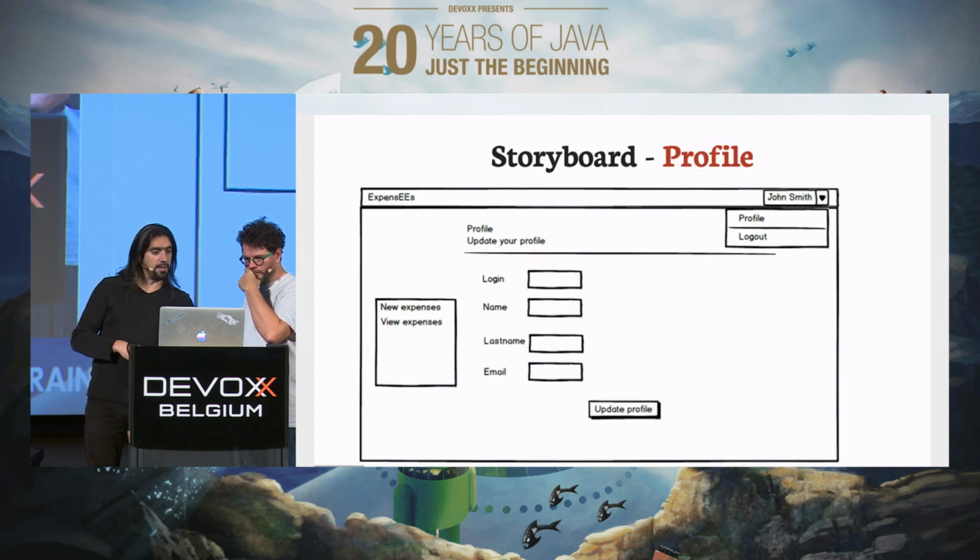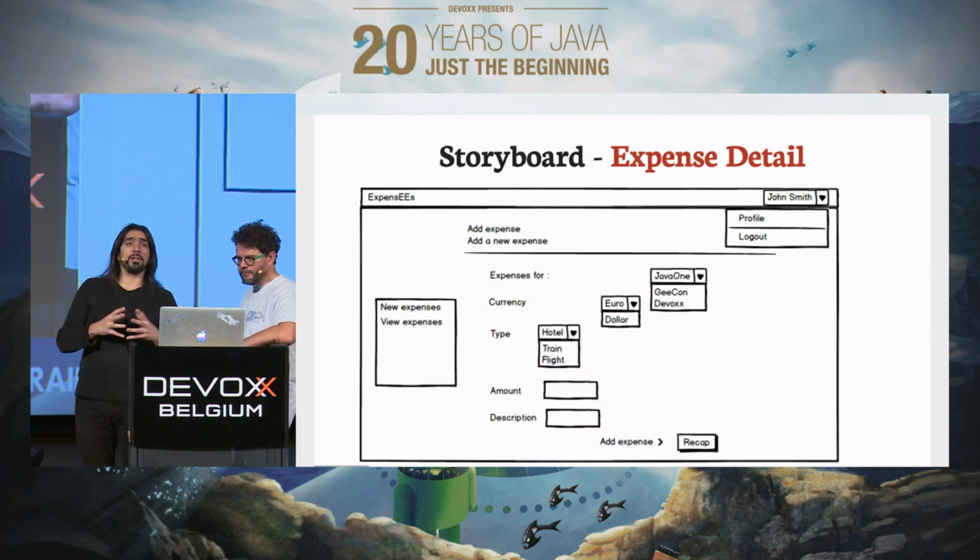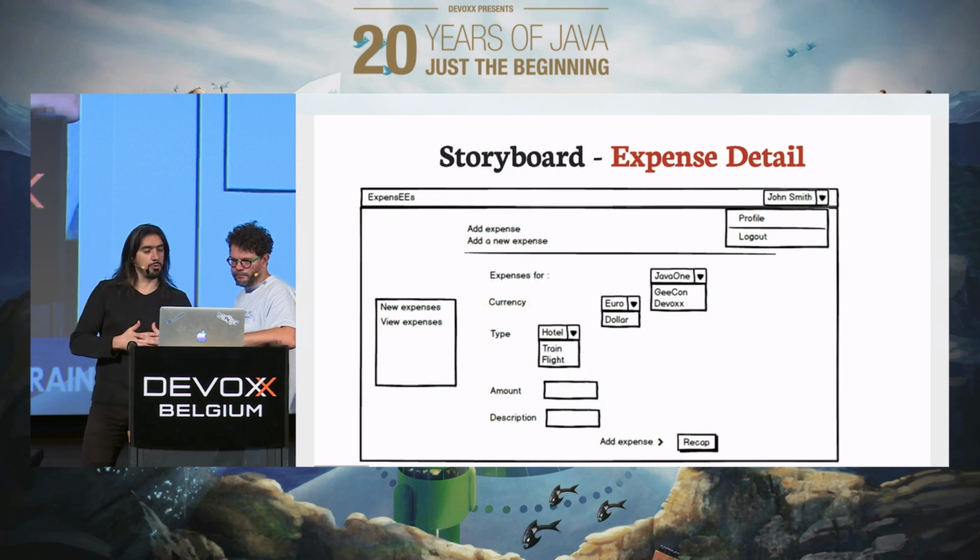So here you can update your profile, of course. Then, as a user, you choose your conference. I'm here at Devoxx Belgium. The currency is in euro, and then you add expenses. I've been to the hotel, I've been to the restaurant. So it's like a wizard.